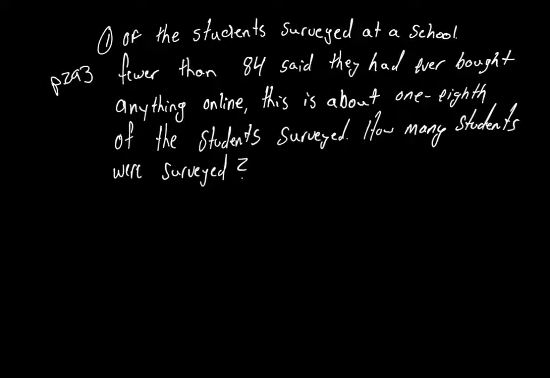Here's the problem. It reads like this. Of the students surveyed at a school, fewer than 84 said they had ever bought anything online. This is about 1/8 of the students surveyed. How many students were surveyed?